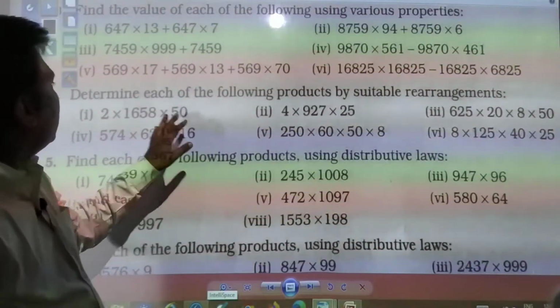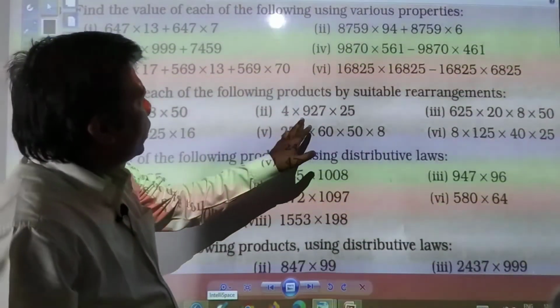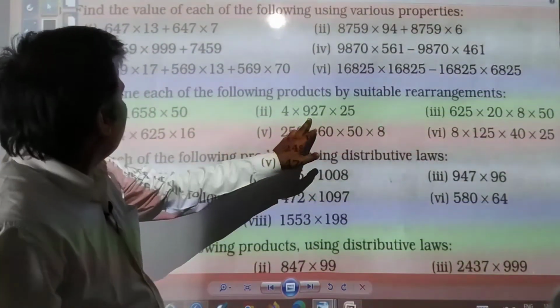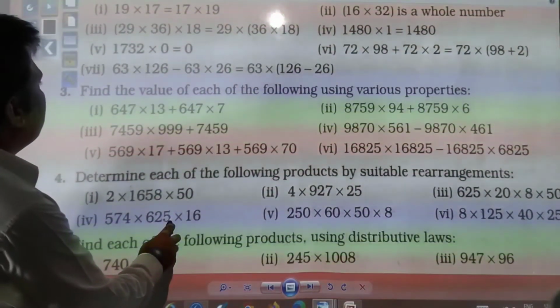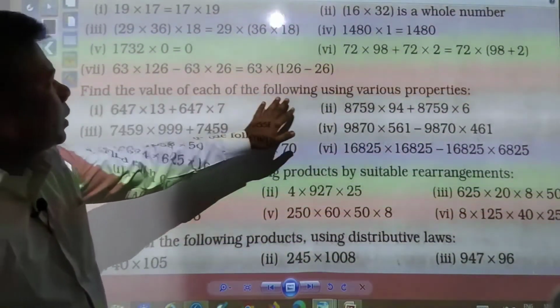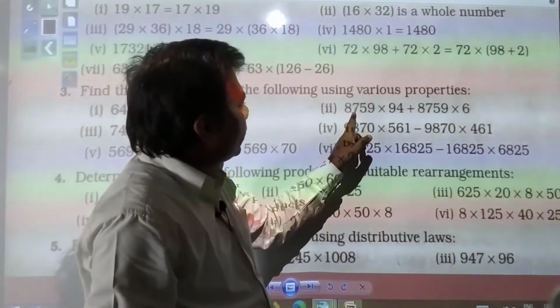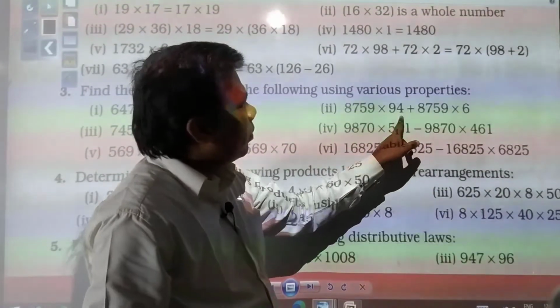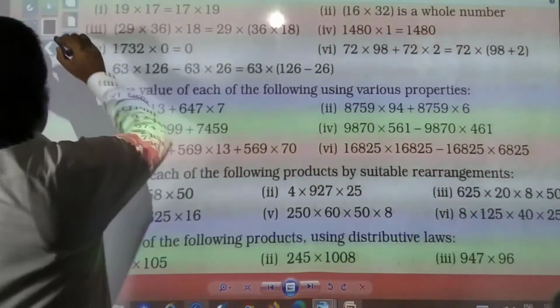Next you have 4 into 927. Sorry, here you have this one. Find the value of each of the following using various properties. First one we have solved. Second you see 8759 into 94 plus 8759 into 6. So how is it to be solved?